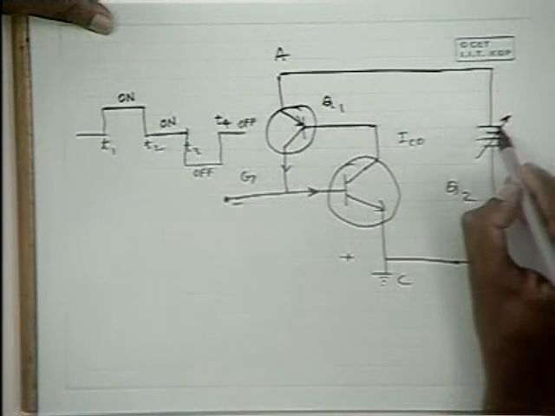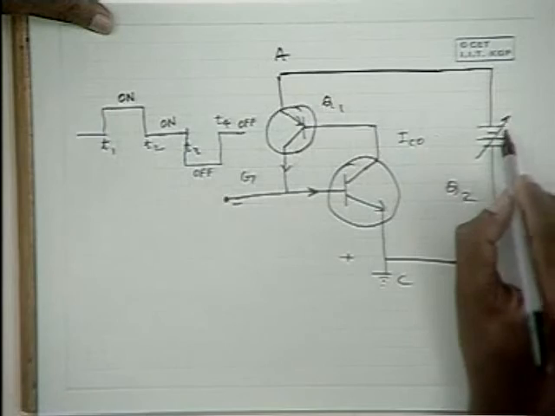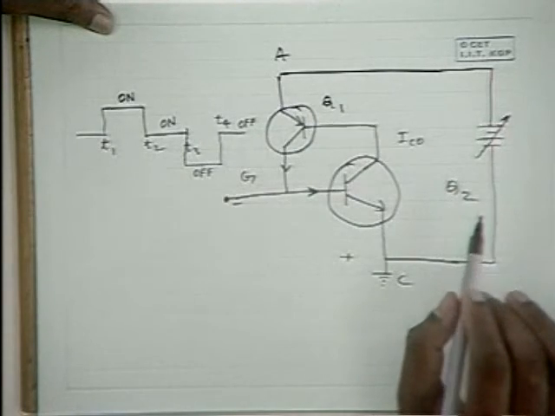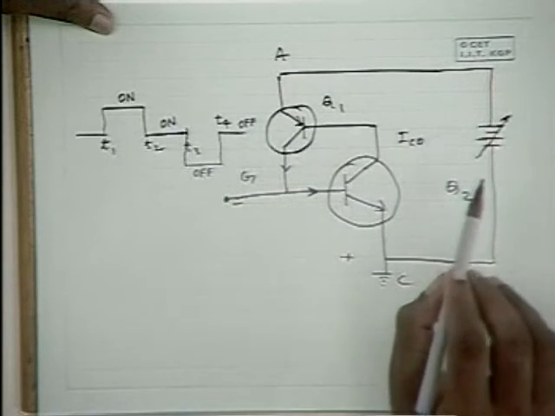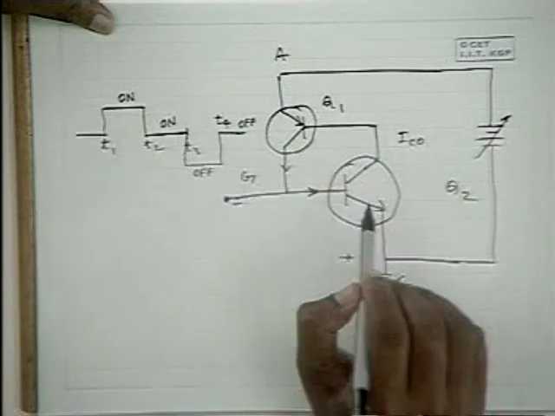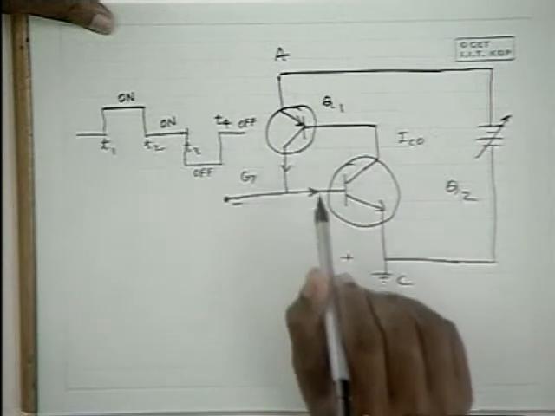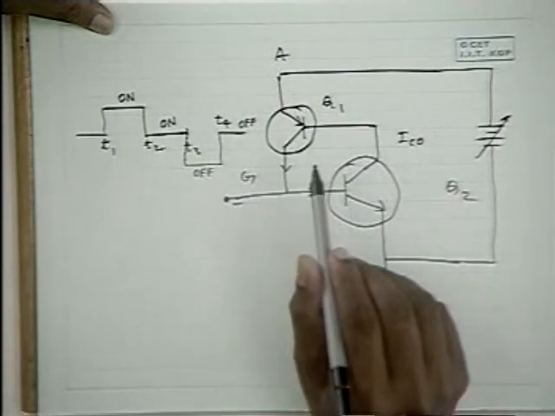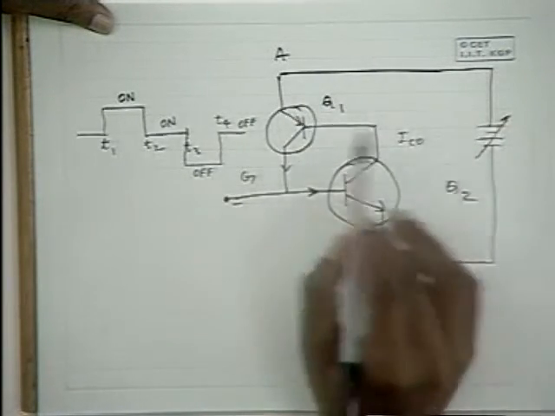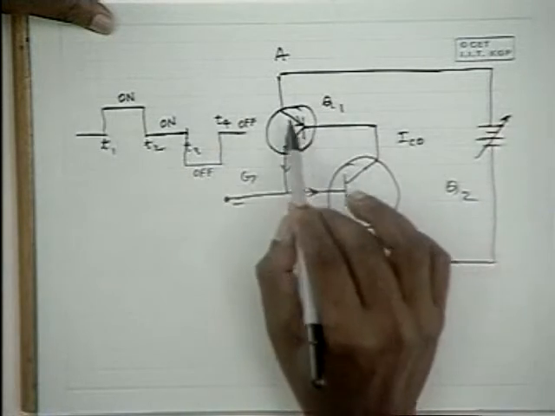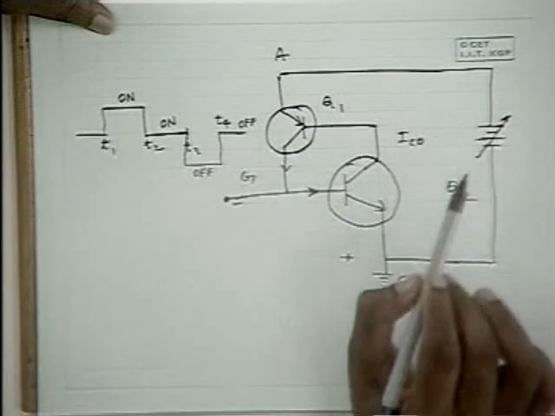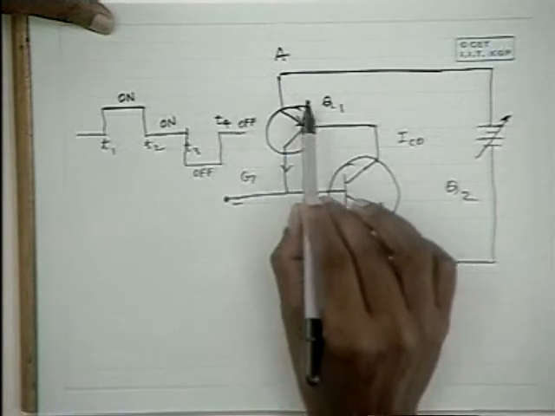If we increase the voltage applied between the anode and cathode, the reverse potential across these p-n junctions gets divided between the various p-n junctions over here.